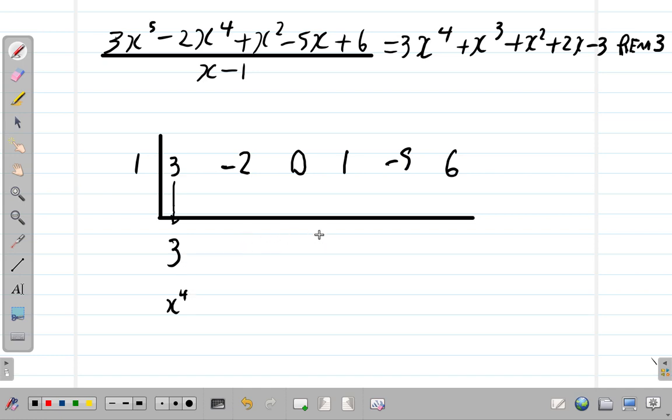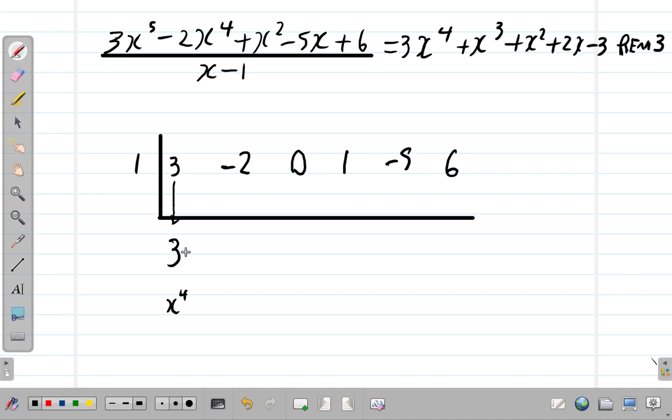And then the other numbers would be to the 3, to the 2, the 1, and then the constant. And then you're going to have the remainder. But what you do, you multiply and put what you get here, then add. You're going to add, since the sign of the 1 had changed. You're not going to subtract, you're going to add.